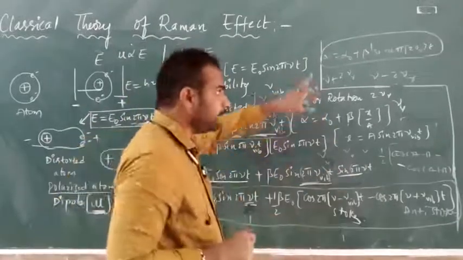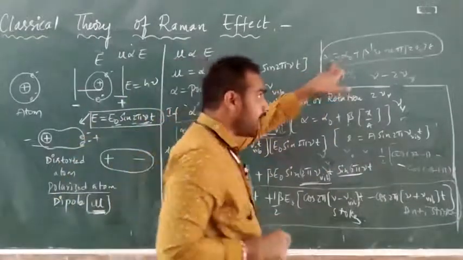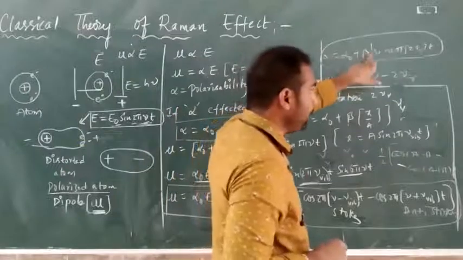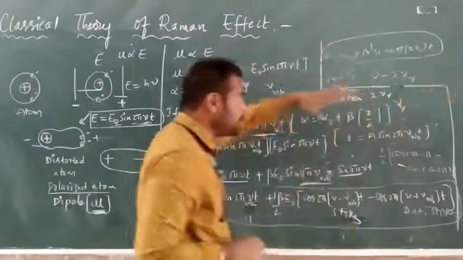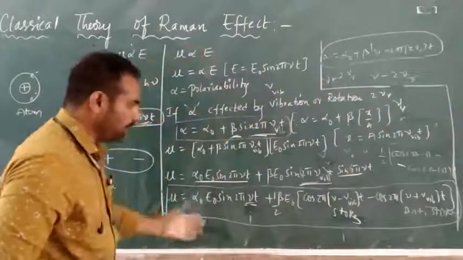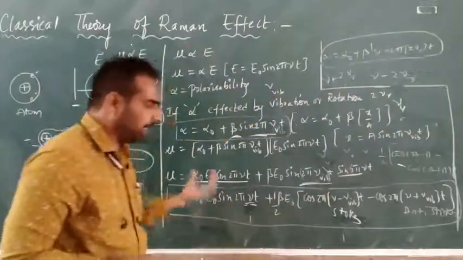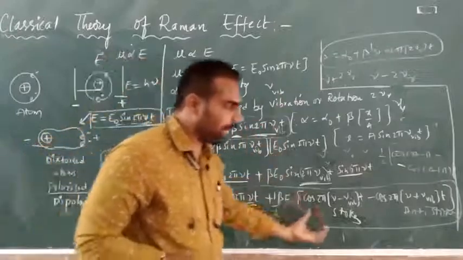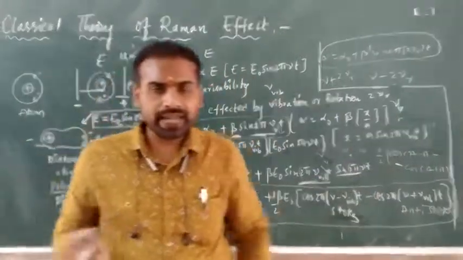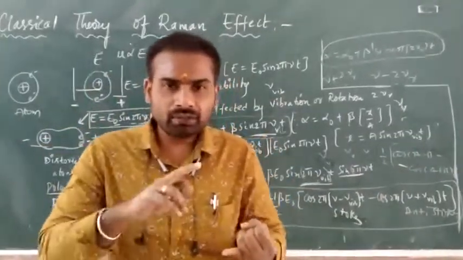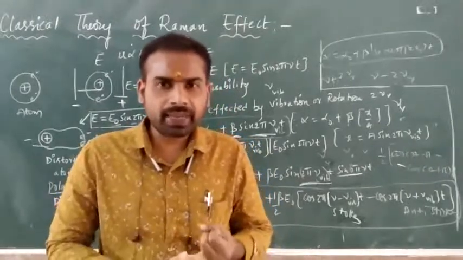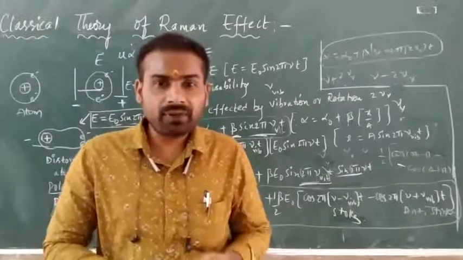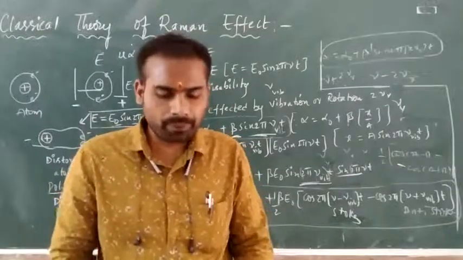The polarizability changes like this: alpha is equal to alpha naught plus beta dash sine 2 pi into 2 nu r into t. If you substitute this expression in this equation and solve, at last you will get the incident frequency, Stokes lines, and anti-Stokes lines. Like this, we can explain the effect of vibration and rotation, the classical theory of Raman effect, which is a very, very important topic.